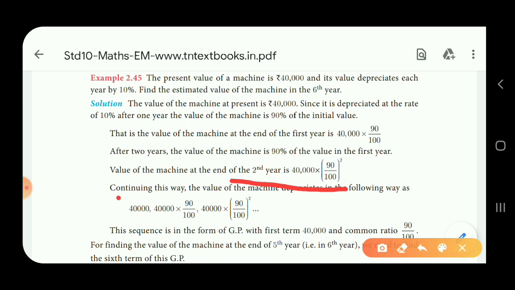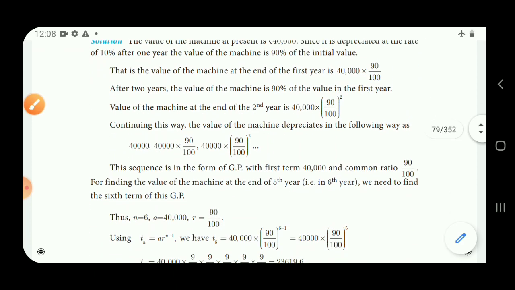Likewise you can continue this way. The machine depreciates as follows: 40,000, then 40,000 into 90/100, then 40,000 into (90/100)².